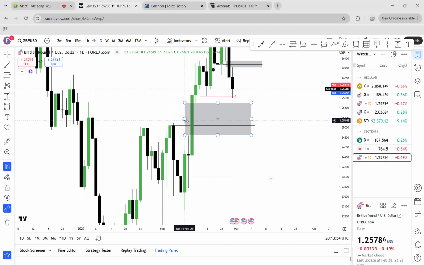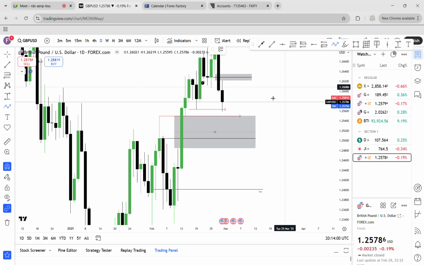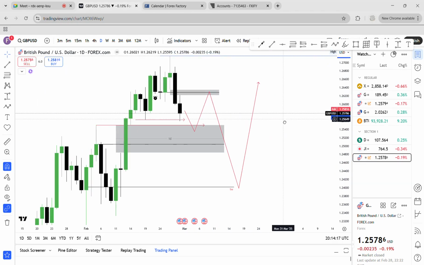So the daily is the one we are probably looking at right now that price might reach. So yeah, it could come here first by seeking this low into this higher time frame fair value gap, then rebalance this area coming here before pushing down to this level or this level before that push up will come. So there are possible scenarios.